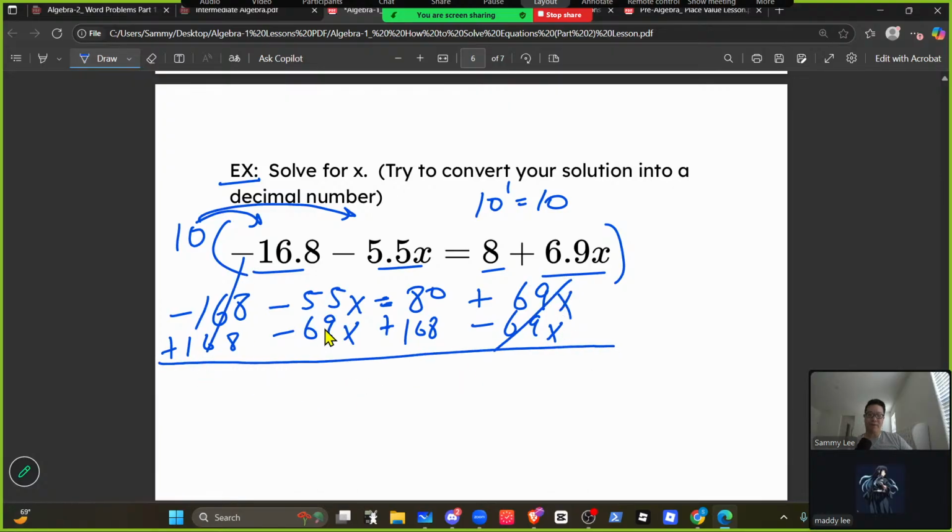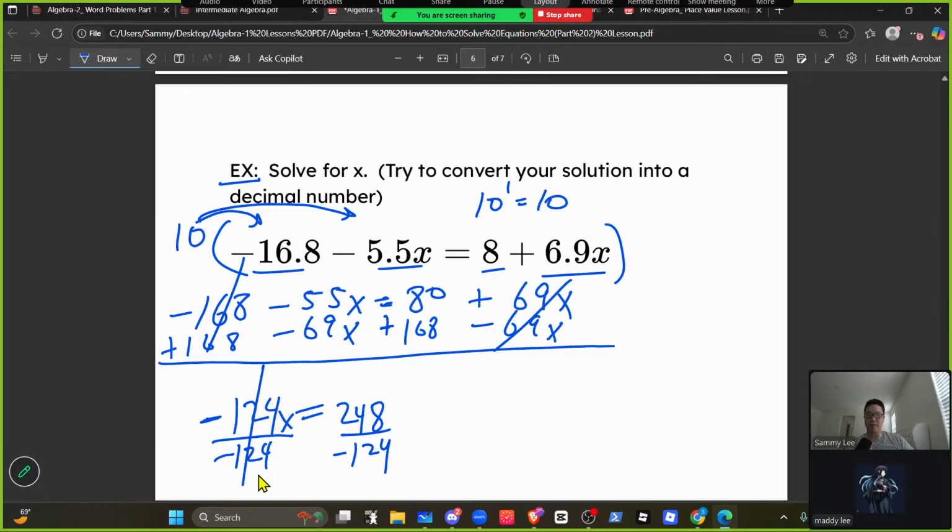We have negative 55x and negative 69x. 9 plus 5 is 14, 1 plus 5 plus 6 is 12, so negative 124x equals 80 plus 168. That's going to be 8, 14, 1 plus 1 is 2, so 248. And now we divide both sides by negative 124 to isolate x.